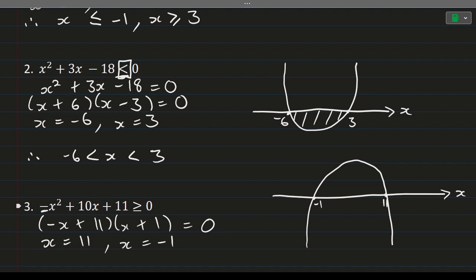We want the region that is above the x-axis, so that is this region. So our answer will be x is between negative 1 and 11. Again, notice how they've used the greater than or equal to sign in the question, so our final answer should have the or equal to part.